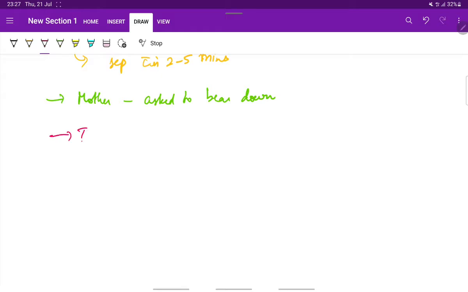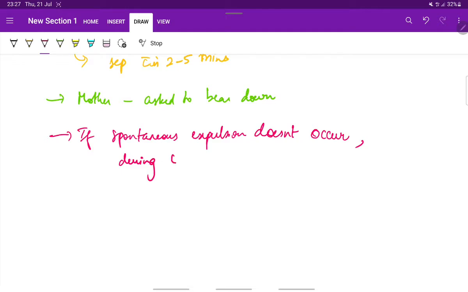So, if the spontaneous expulsion of the placenta does not occur, then during the uterine contraction, we give pressure on the fundus to move the placenta which has been detached into the vagina.